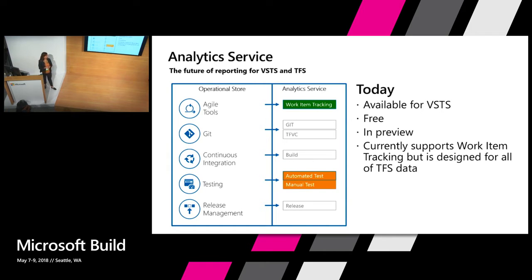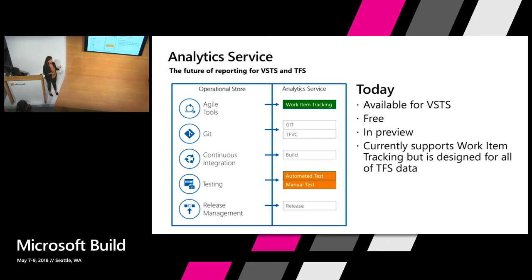So today the analytics service is available for VSTS. It's free. It's currently in preview, and it currently has the work item tracking data. So all the work item Agile tools are feeding into the analytics. We are actively working on adding the automated and manual test data into that.